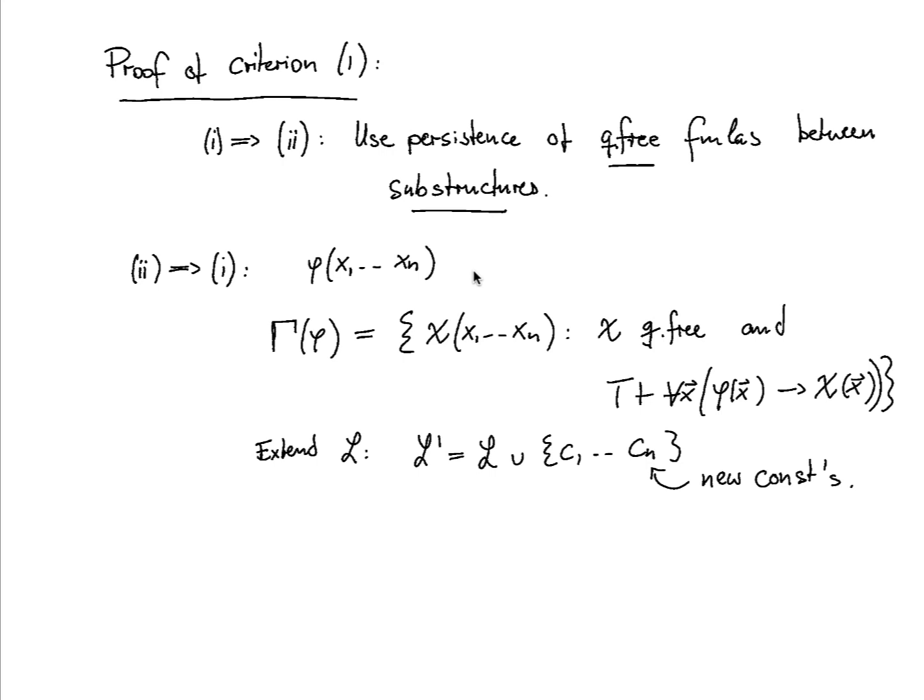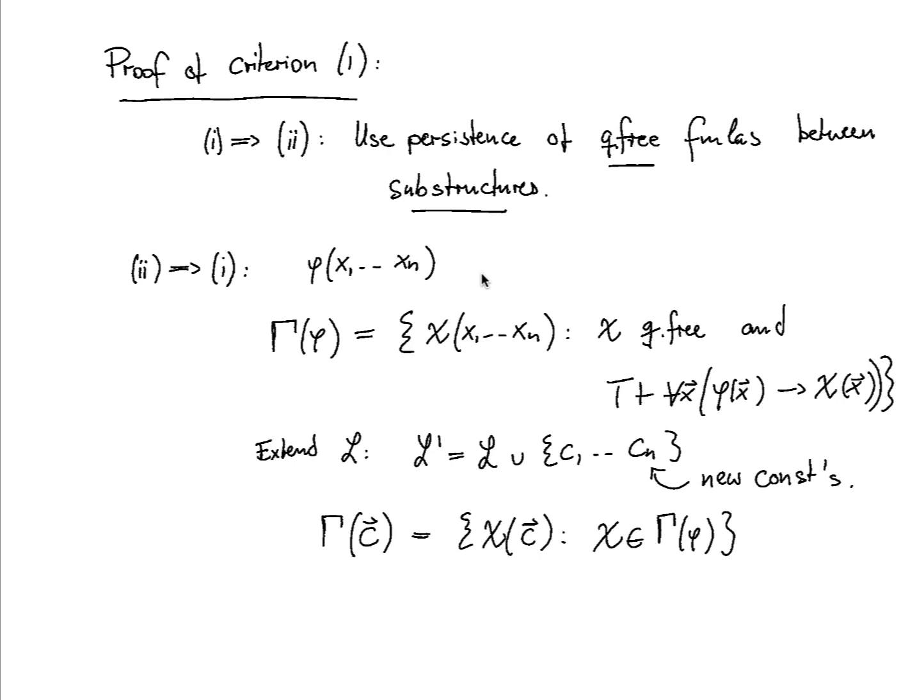And now we can look at the set of formulas over this new language, where we just look at gamma of c, which would be the set of all chi of c, where chi is in gamma of phi.